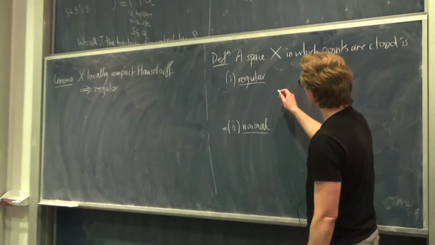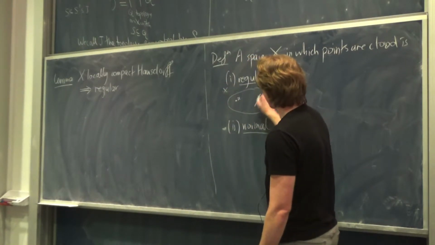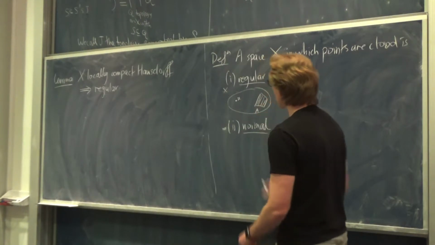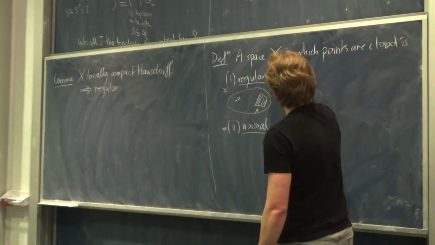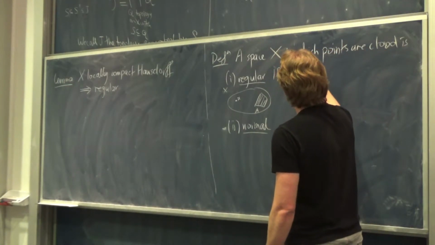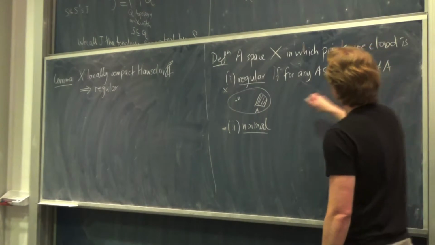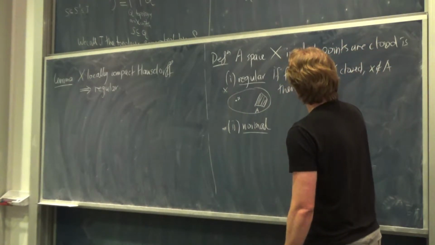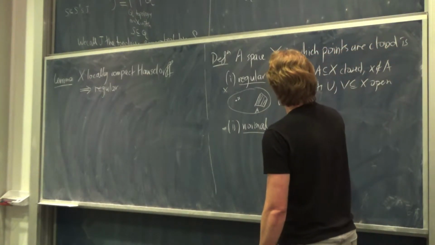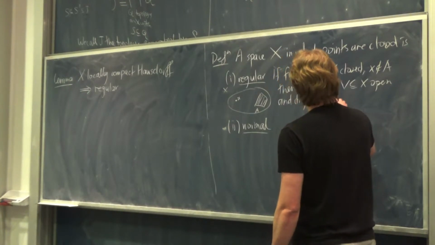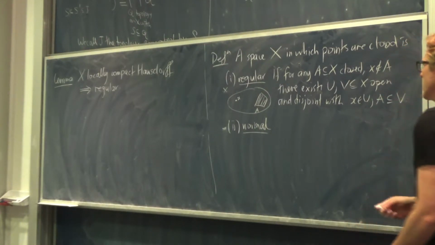More precisely, take my space X, take any point x, and take any closed subset A. If for any such configuration, with A closed and x not in A, there exist U and V in X open and disjoint with x in U and A contained in V.